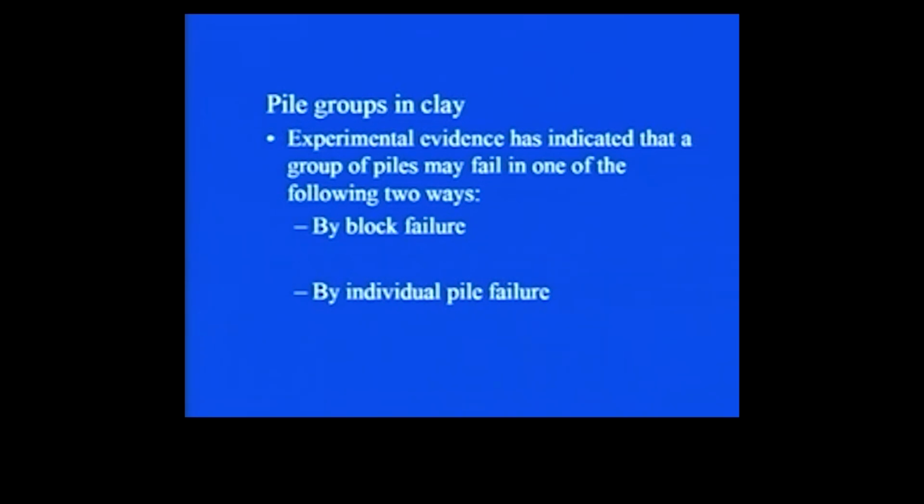Block failure means that when the piles are in a group, they behave as if they are one pile, that is, one pile of the whole area covered by the different piles, or the failure can occur due to the failure of any individual pile. Let us see one by one what exactly the mechanism behind this is.